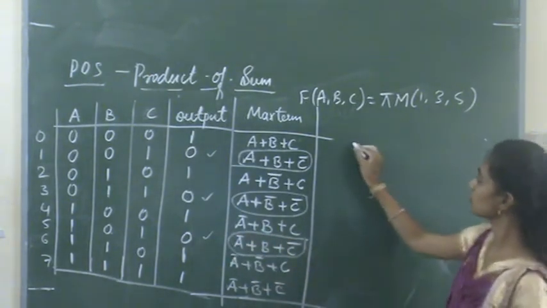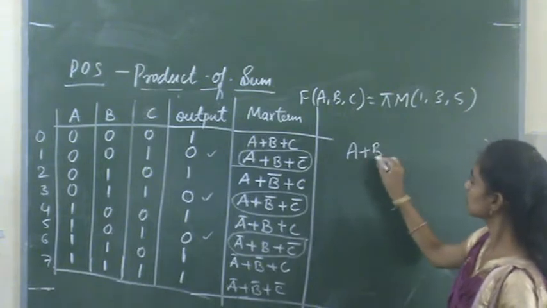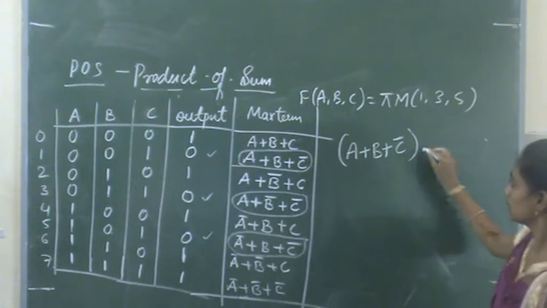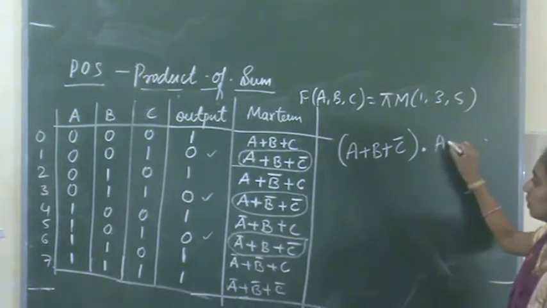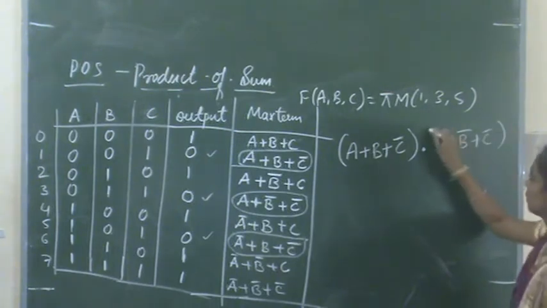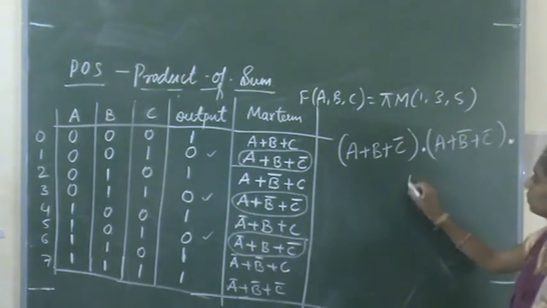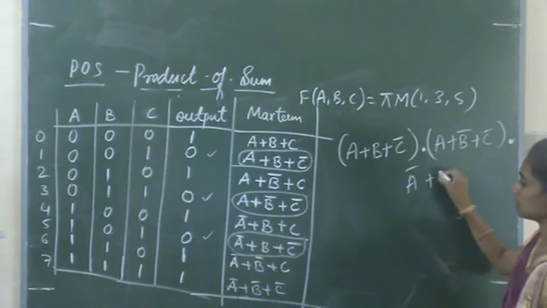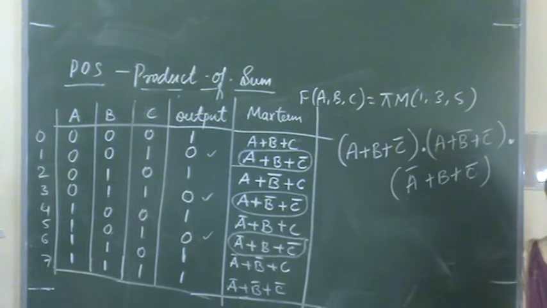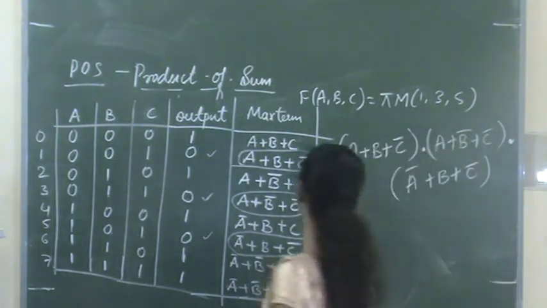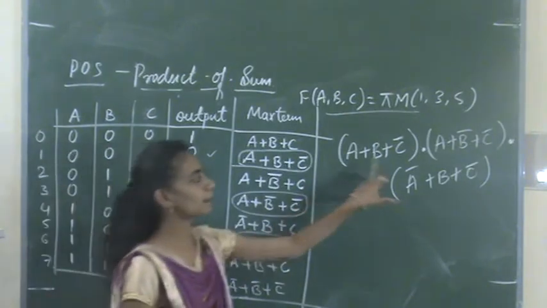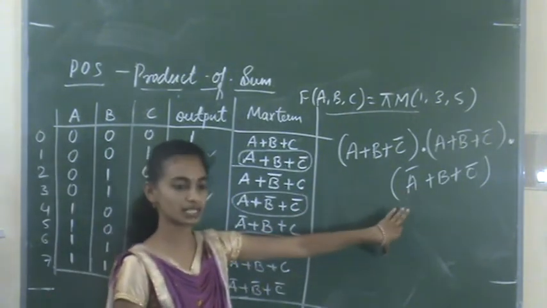Now the expression becomes (A plus B plus C bar) into (A plus B bar plus C bar) into (A bar plus B plus C bar). So like this we are representing the POS form.